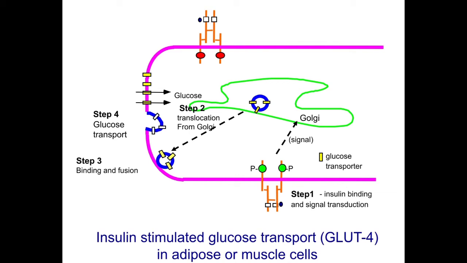This is the vesicle here, activation here, sorry. You have a cascade of events here that eventually, through tyrosine phosphorylation of unique proteins, initiates the translocation of Golgi vesicles, increasing the number of transporters in these cells, muscle or adipose tissue.